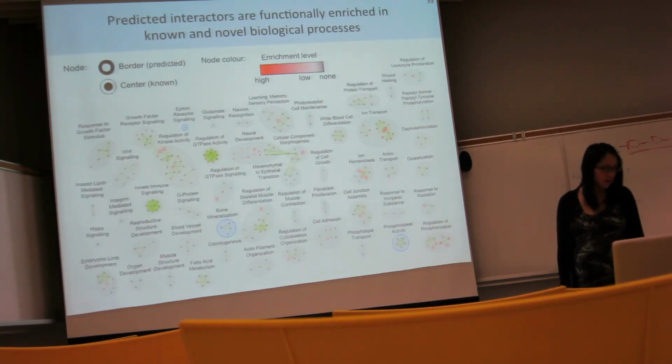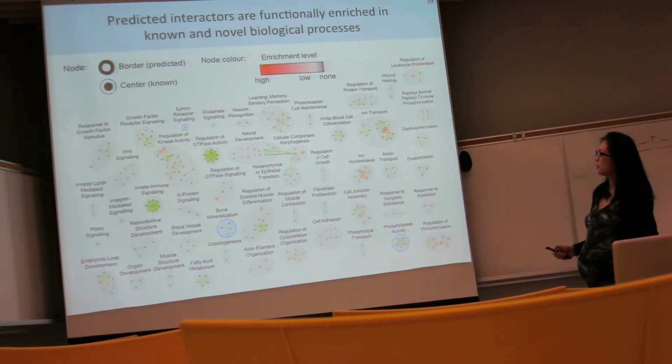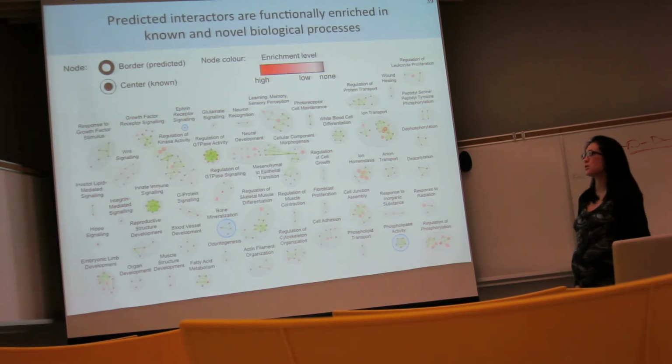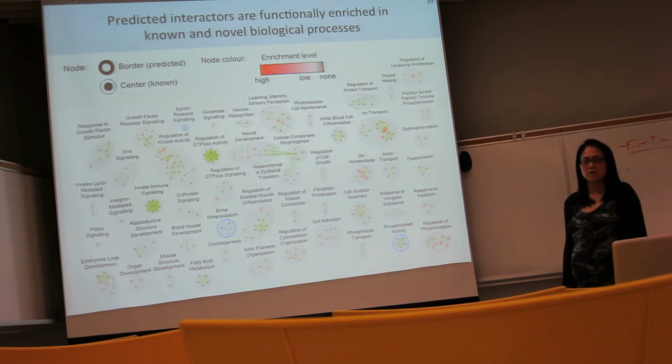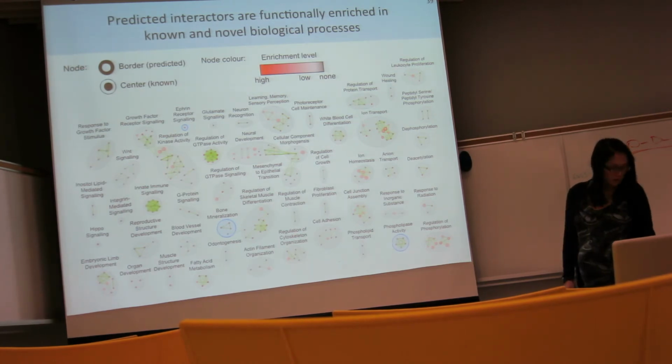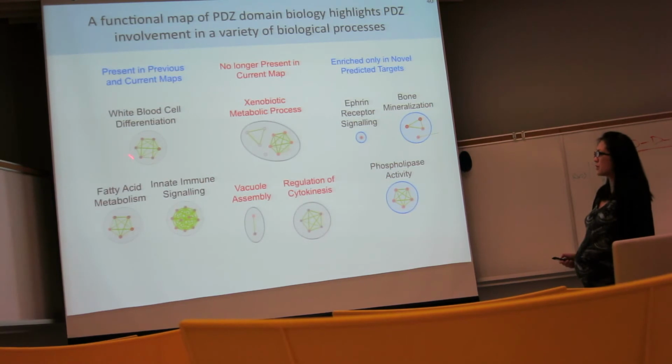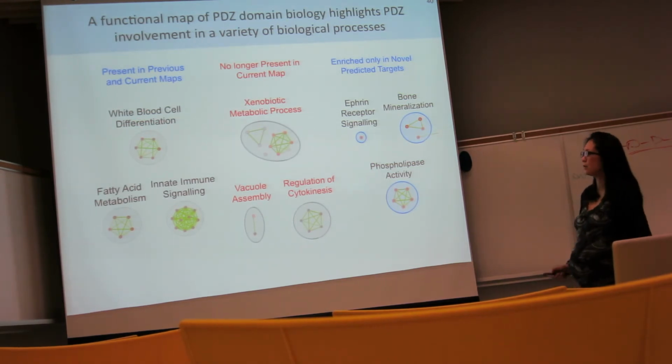I also created another map to compare functional enrichments between our predicted physiologically relevant interactions versus interactions that are known in a database called iRefIndex. These interactions are protein-protein interactions that involve PDZ domains. Compared to the previous map I showed, there are many processes that are also enriched in the current map, including white blood cell differentiation and innate immune signaling.